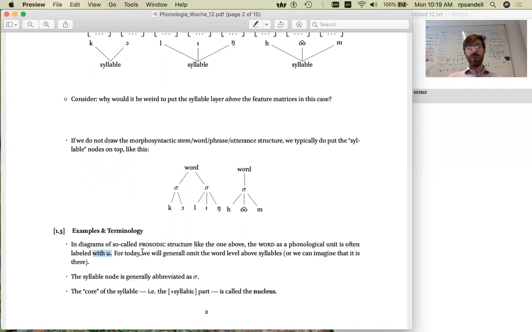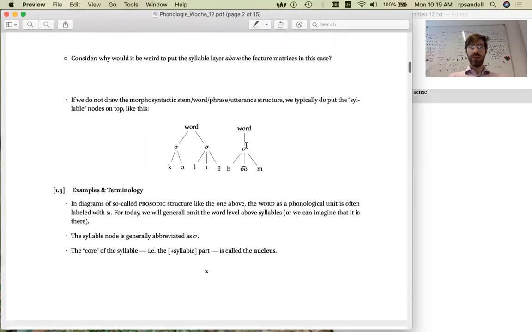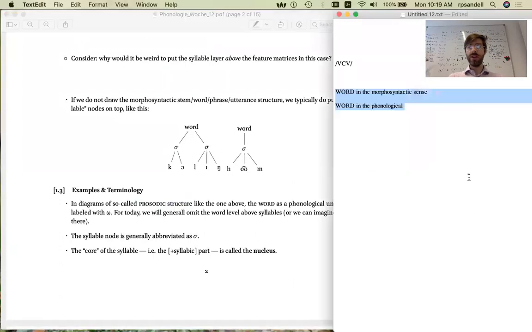But for today, we're going to simply generally omit the word level above syllables. And so we can just imagine that the word level is there. And for the most part, we'll just be looking at syllabification inside of individual words and not across larger phrases. And as you can see in this diagram, the level of the syllable is generally abbreviated with a Greek sigma.